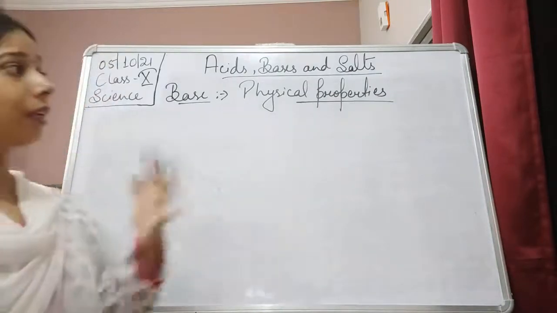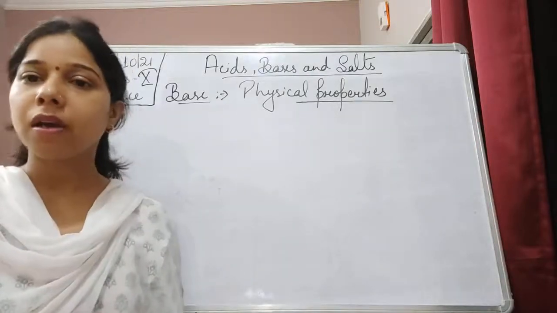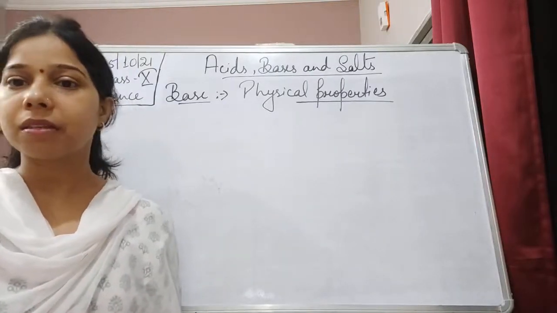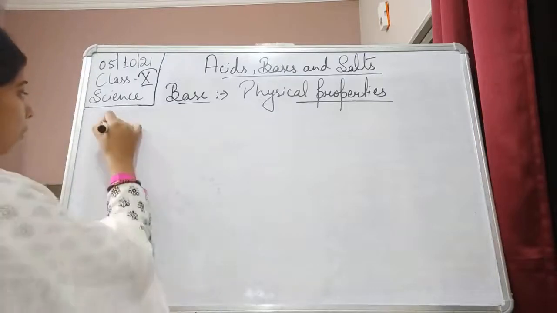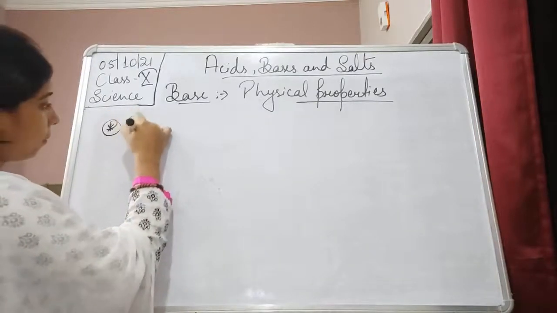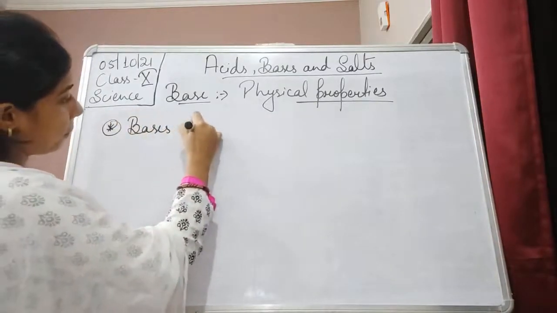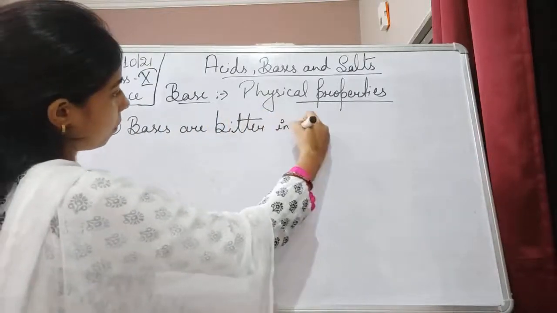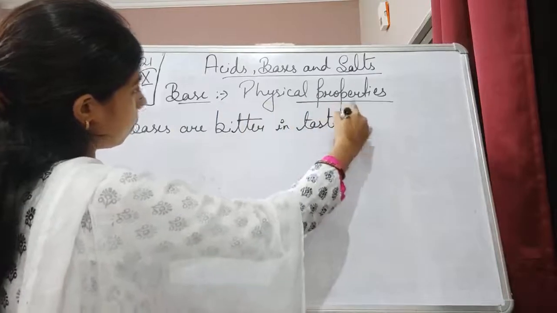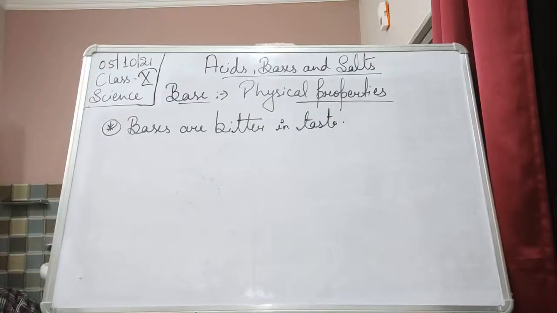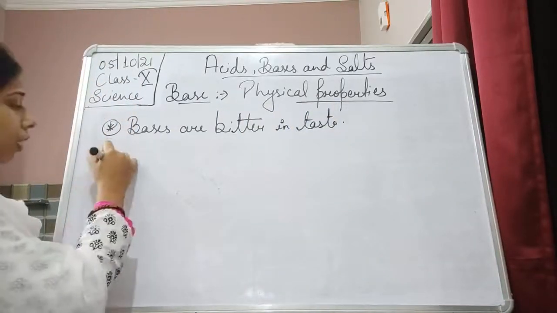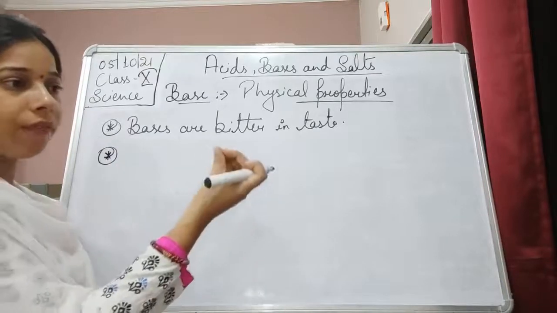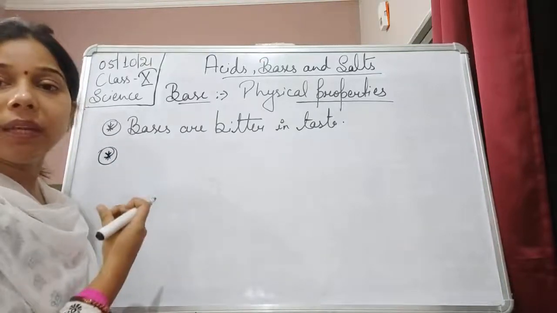We have seen in the case of acids, acids are sour in taste, but bases are bitter in taste. Second one, when you touch it, it will give a soapy feeling. It means they are soapy in touch.